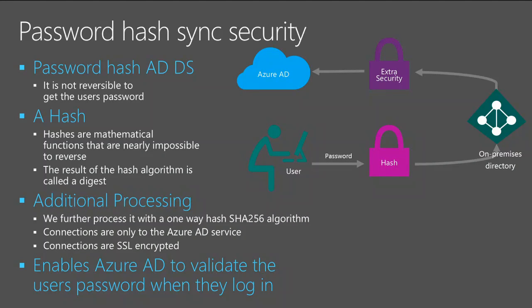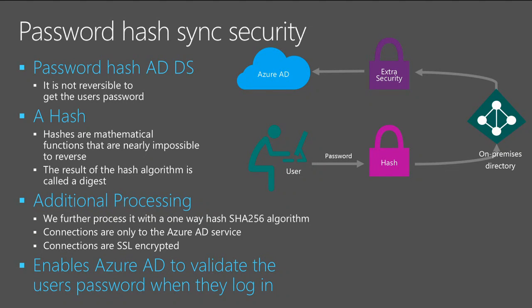And the connection to the cloud that we take up to carry that hash is SSL encrypted. So there's really no way to work backwards to find out what the actual password is. Microsoft does not know the password. All we have is that object in the cloud, the digest, and that's all that we're working with.